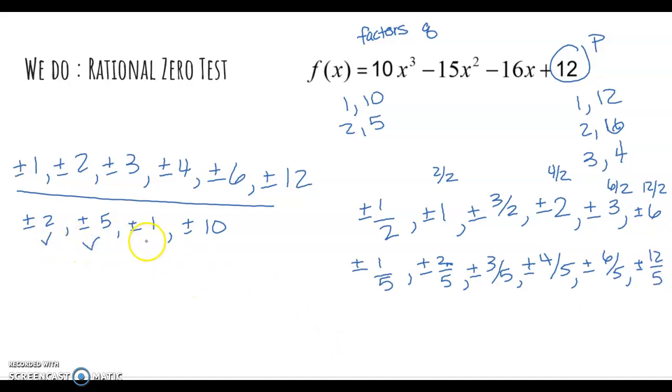Did that. Looking here, we've got plus or minus 1 over 1, which is 1, so we already have that documented here, so I'll just rewrite that there. 2 over 1, which is 2, which we already have. 3 over 1, which is 3, which we already have. 6 over 1, which we already have. And 12 over 1, so we're going to add that plus or minus 12 here. And then go on to 10, plus or minus 1 over 10, plus or minus 2 over 10, which is 1/5.